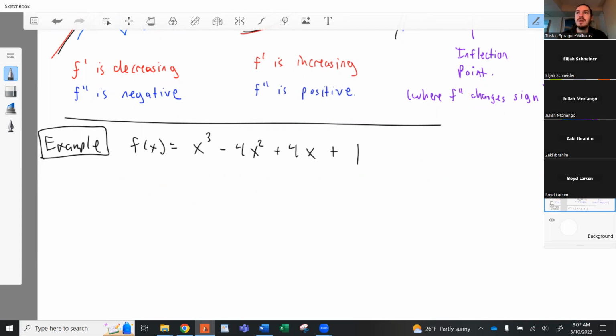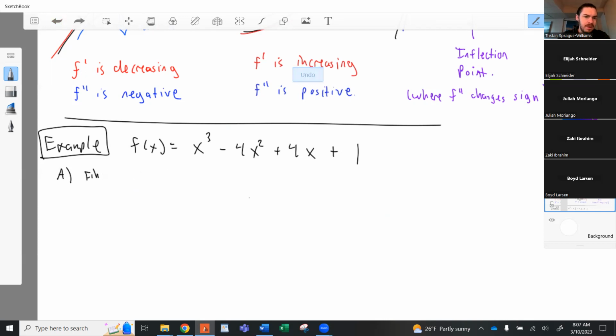It's a cubic polynomial. Well, first, we're going to go through a few steps. We're going to find critical numbers. Actually, no. Let's skip. We'll do that maybe second.